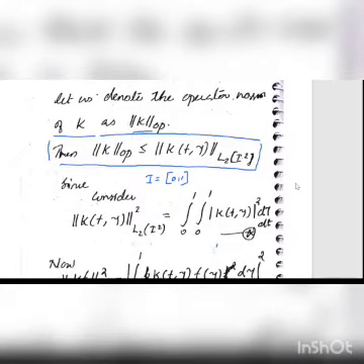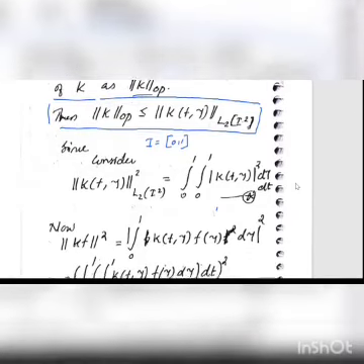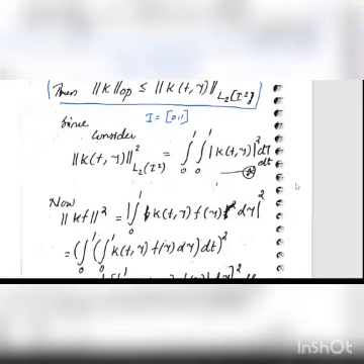Now consider the norm of Kf squared. The norm of Kf squared means the integral of the modulus of Kf squared, and Kf, as you defined before, is the integral from 0 to 1 of k(t,tau) f(tau) d tau. Now this squared is equal to the integral from 0 to 1 of this thing.